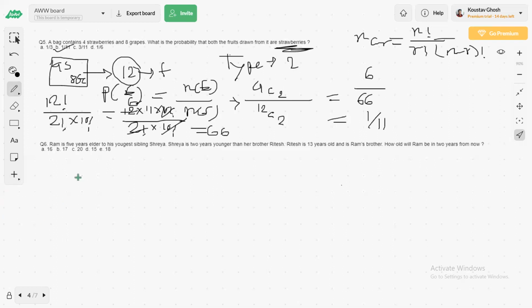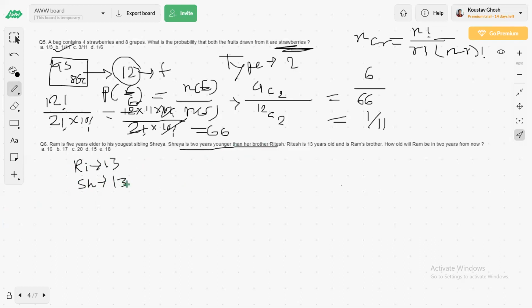Okay. So Ritesh, Ram, and Shreya. Ritesh is now 13 years old. Now Shreya is 2 years younger than Ritesh.